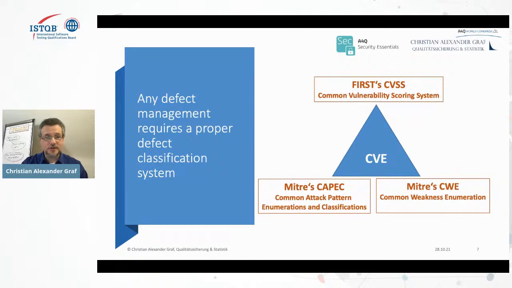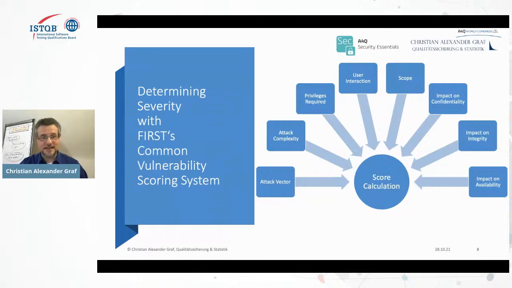So let's take a closer look at these three, starting with the CVSS, the Common Vulnerability Scoring System. So this is a rather elaborate classification of severity of vulnerabilities. And we actually assess 8 vectors. The first one is the attack vector. So how easy is it to get at a vulnerability?